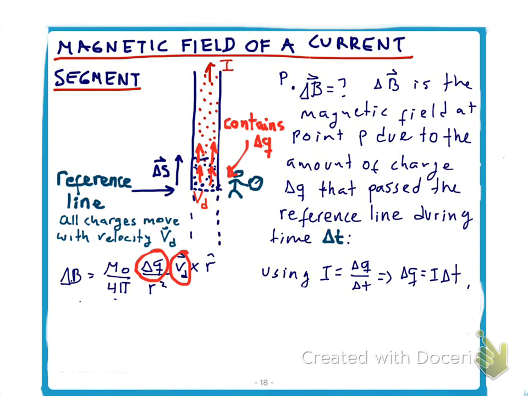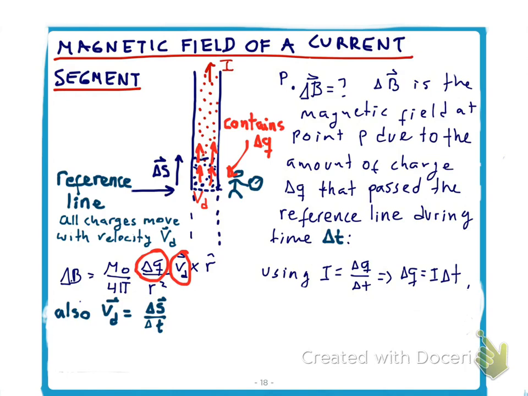Then the amount of charge that we're talking about can be written as the current in the wire multiplied by delta T. So that's one replacement that we can do in this equation for delta B. The other replacement that we can do is that the velocity at which those charges are moving inside the wire can be written also in terms of the distance they travel in the amount of time delta T that it took to travel that distance.